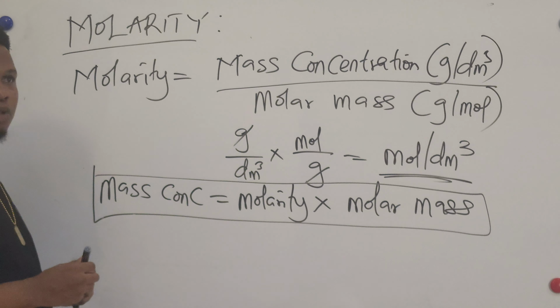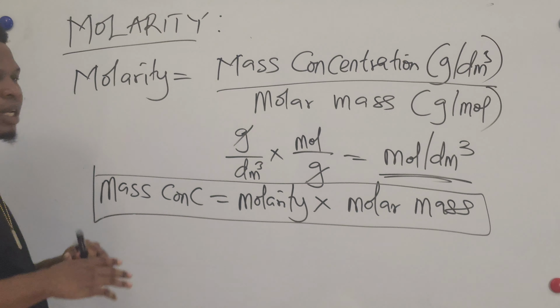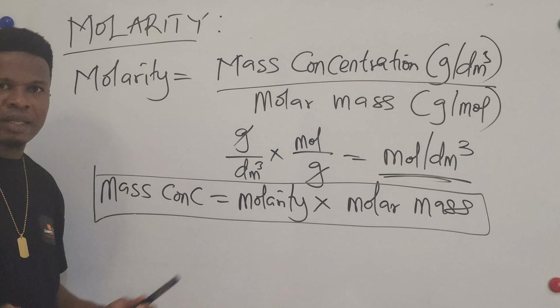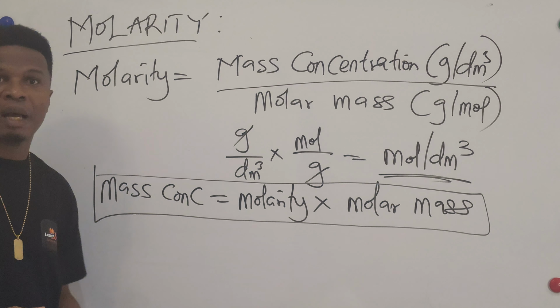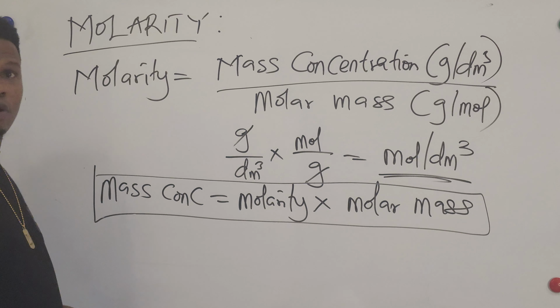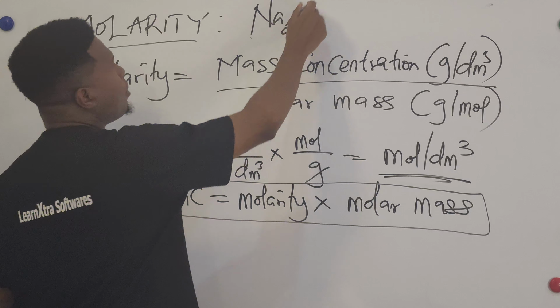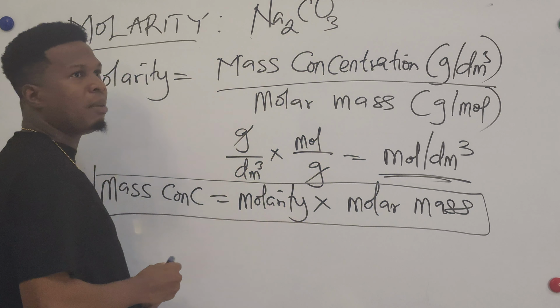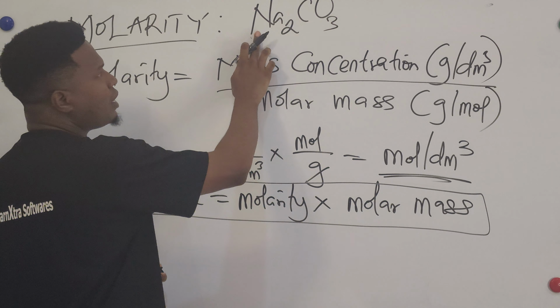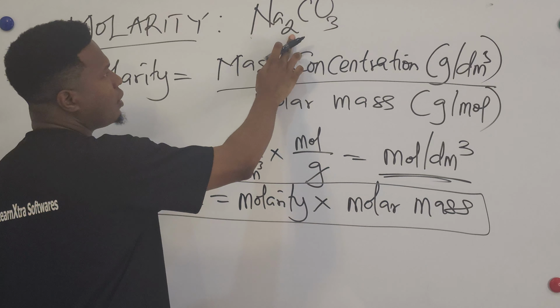Molar mass: you should be able to know how to find molar mass. Molar mass is simply the sum total of the atomic mass multiplied by the number of atoms it appeared, right? For example, if I have sodium carbonate, Na2CO3, and I say find the molar mass, you know what to do. Sodium is 23, carbon is 12, oxygen is 16.